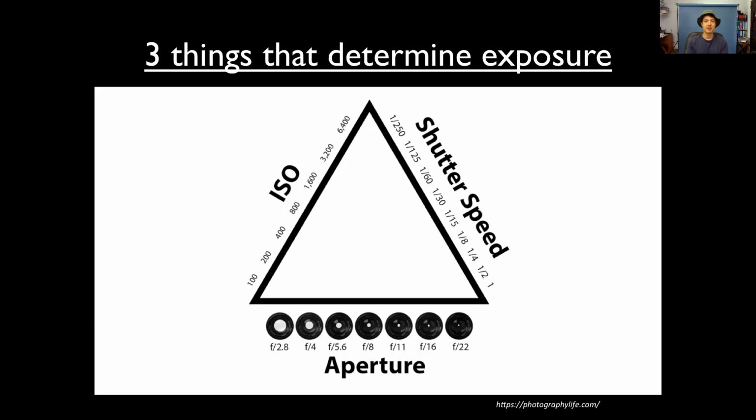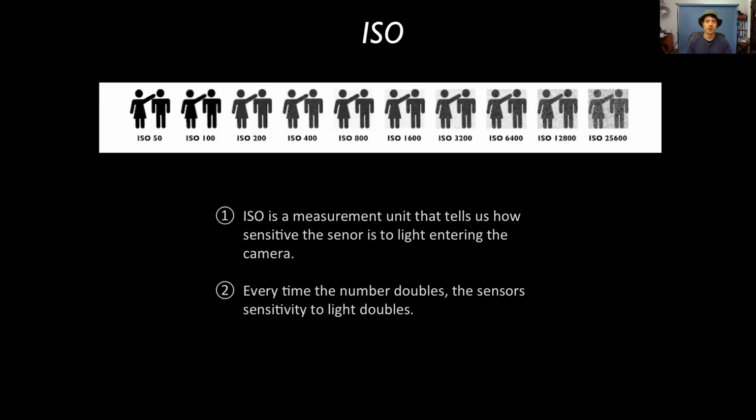And we can think about them in terms of being kind of a triad or a triangle, each equivalent or equal in their ability to affect the exposure that you get. So let's talk a little bit more about each of these. So ISO is a measurement unit that tells us how sensitive the sensor is to light entering the camera.